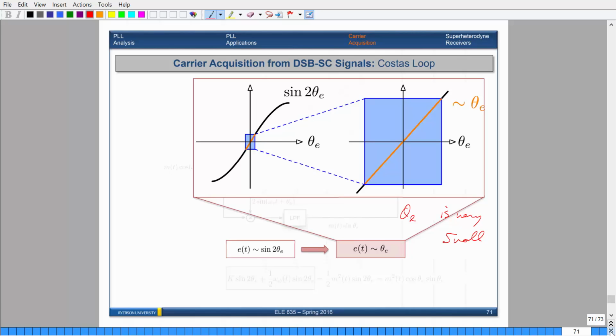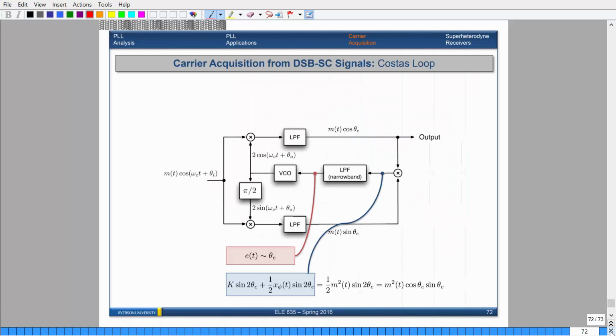So what does that actually mean? If the error is very small, the voltage of the voltage-controlled oscillator should not change. This will give you an error signal that determines what the carrier frequency is going to be.